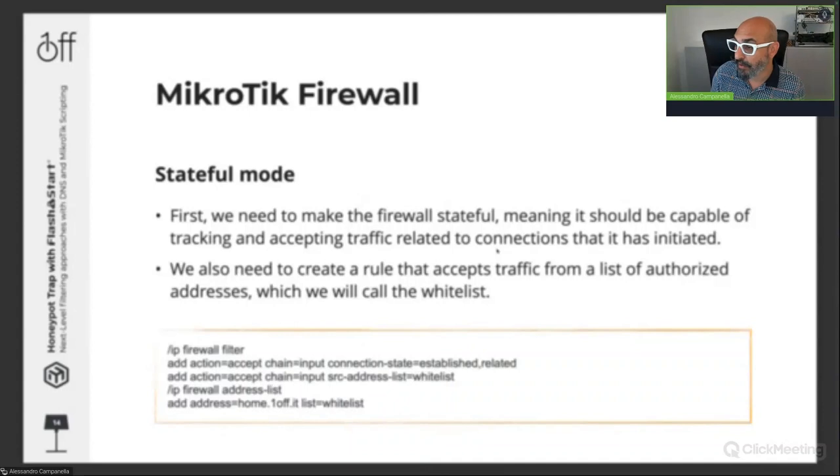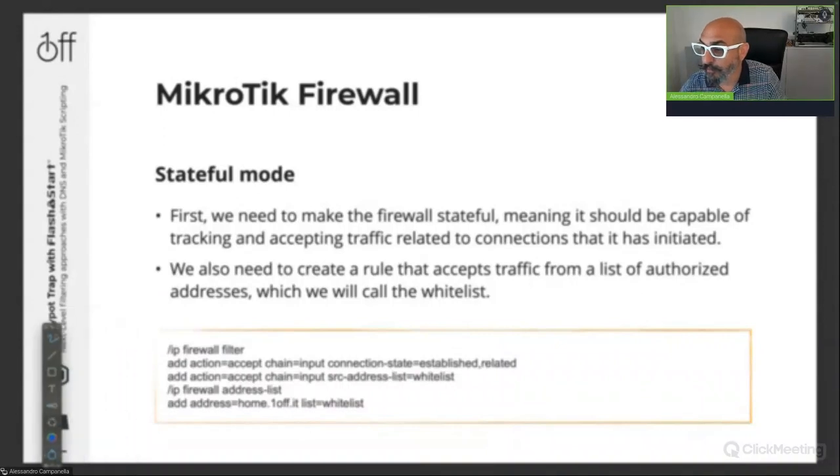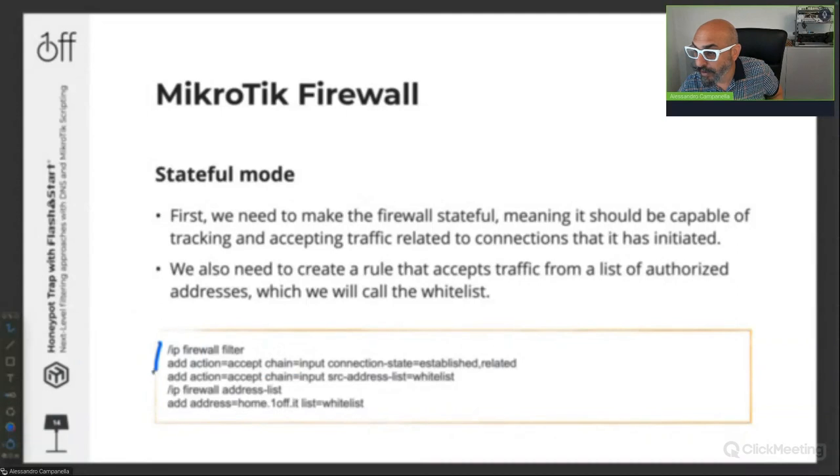This is done with this simple rule: IP firewall filter, add chain input action accept, input connection state established and related. It means accept all established and related packets belonging to existing connections.